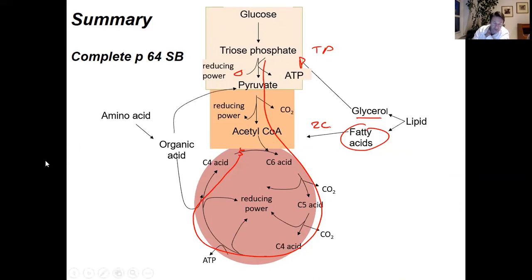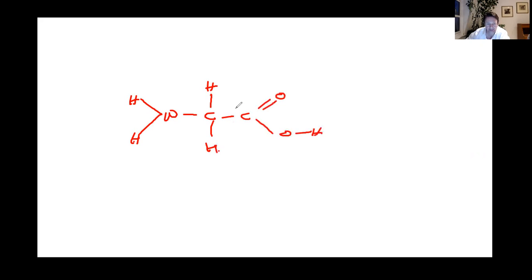And it depends on the nature of the R group as to where the amino acids enter. If I just show you on the whiteboard. Remember, if you've got an excess of amino acids, then you take the amino acid and it's going to be deaminated, so removal of the amine group, and that's used to make ammonia and then quickly urea.